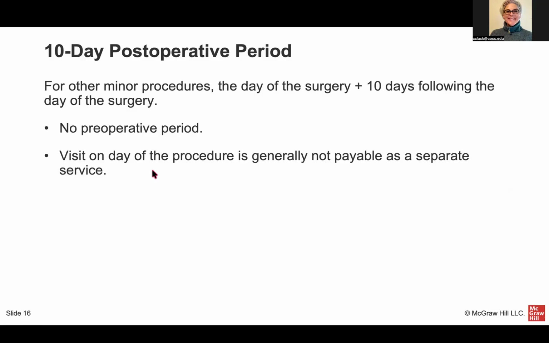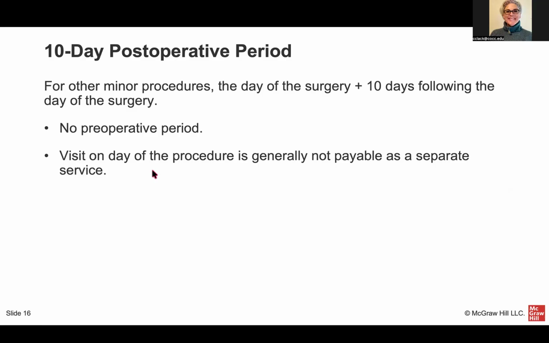The 10-day post-op period applies to other minor procedures, things like removing a small cyst, a skin tag, laceration repairs. The global period covers the day of surgery plus 10 calendar days following. Like the 0-day period, there's no preoperative day bundled in, and the visit on the day of the procedure is generally not separately payable either.